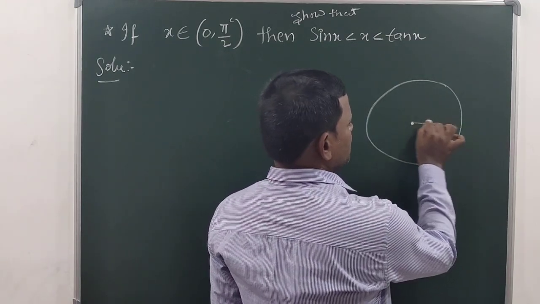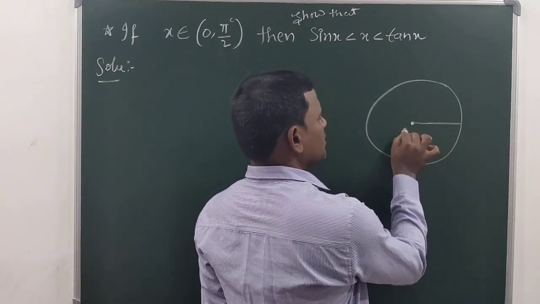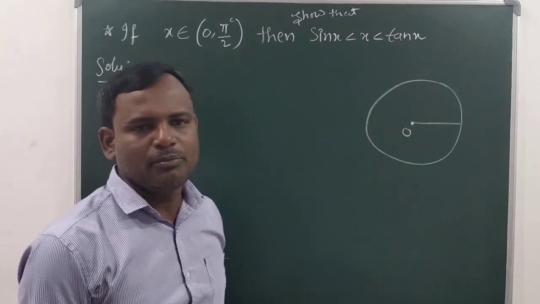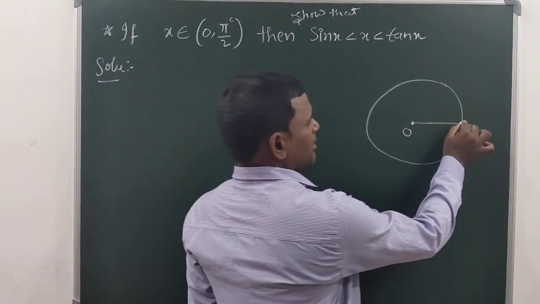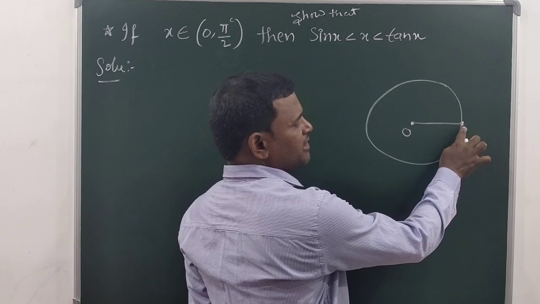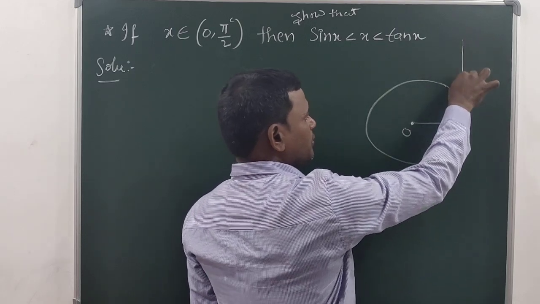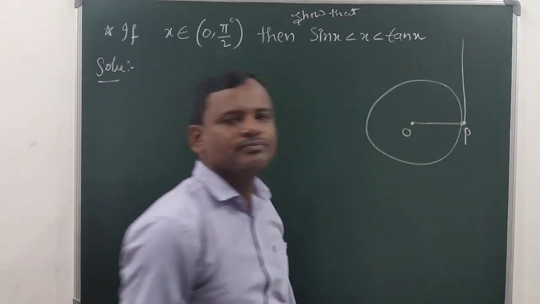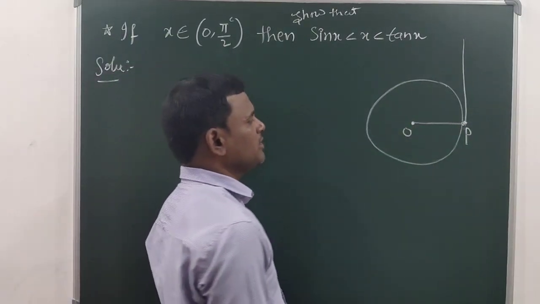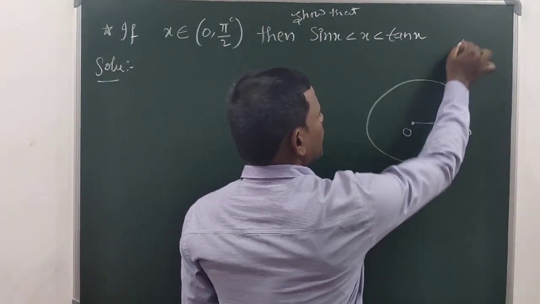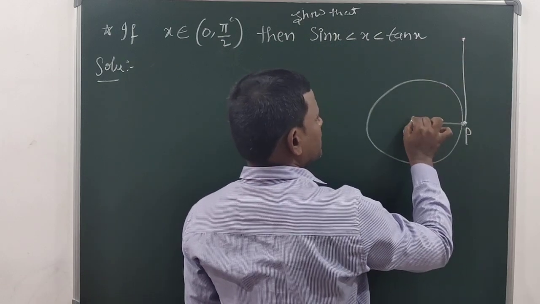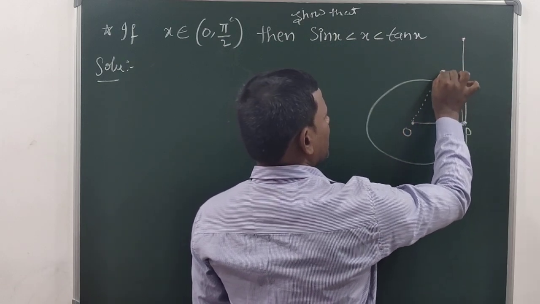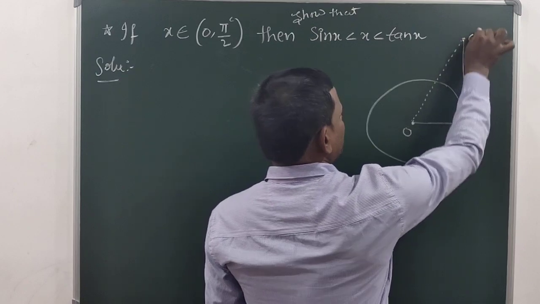Let us consider center of the circle be O, and draw the tangent at this point. So you will get like this. Let us say this is P, point of contact. Now connect O and this point. Let us say this point be some Q.